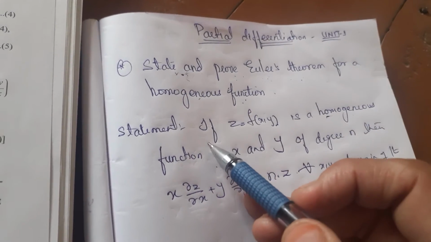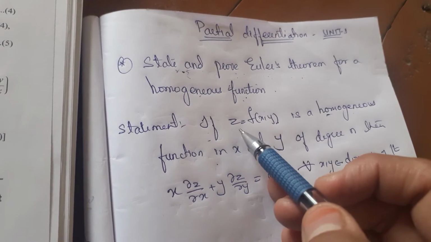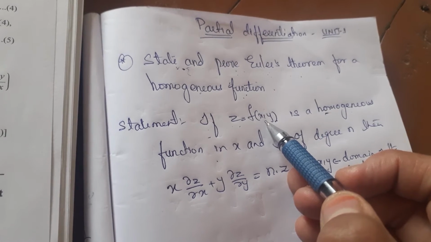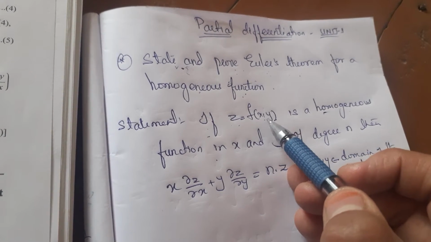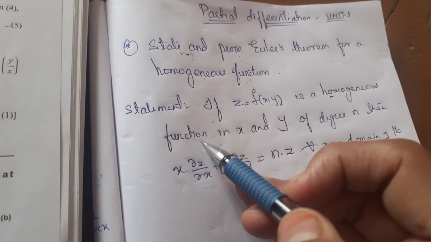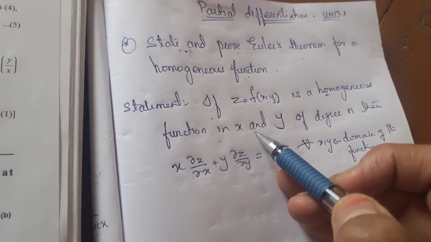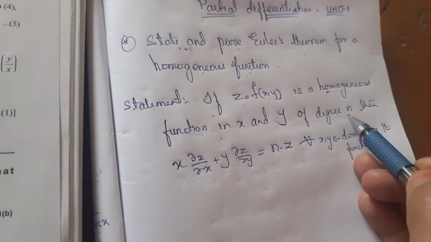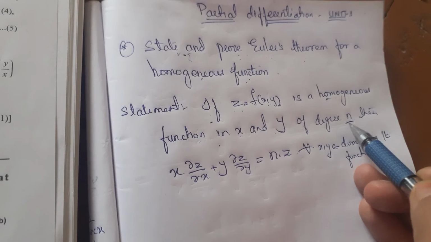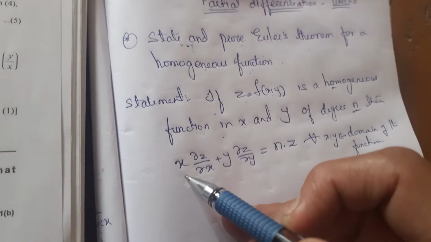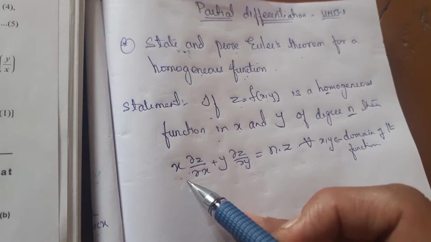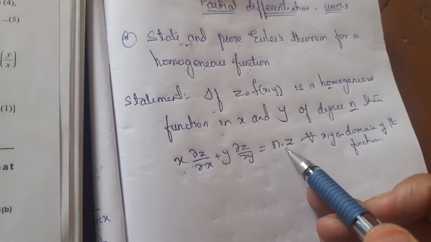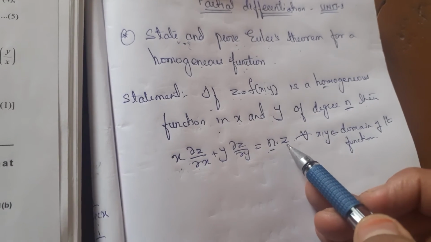That's why in the statement it is given that if z is equal to f of x comma y, that is, our function includes x and y variables, is a homogeneous function in x and y of degree n, then this equation is called Euler's equation: x dou z by dou x plus y dou z by dou y is equal to n, that is the degree, into the function.